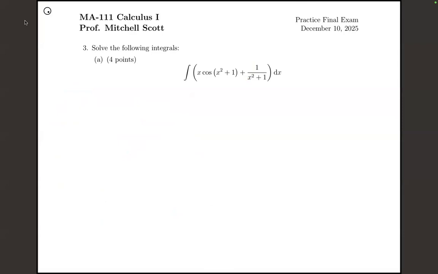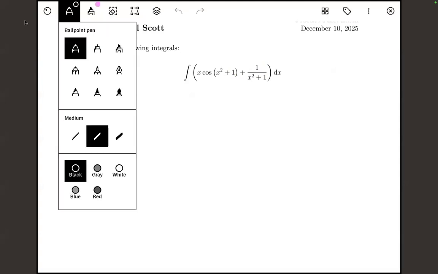I wanted to do this to really hit home that the integral of a sum is the same as the sum of the integrals, and you can do U substitution on maybe one term, but not on the other, and that's completely okay, because when we separate them into separate integrals, we just need to solve them integral by integral.